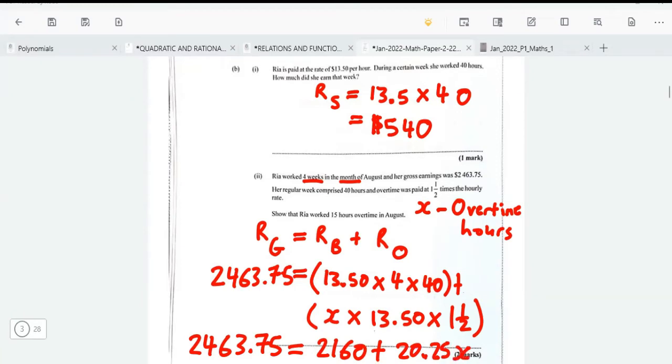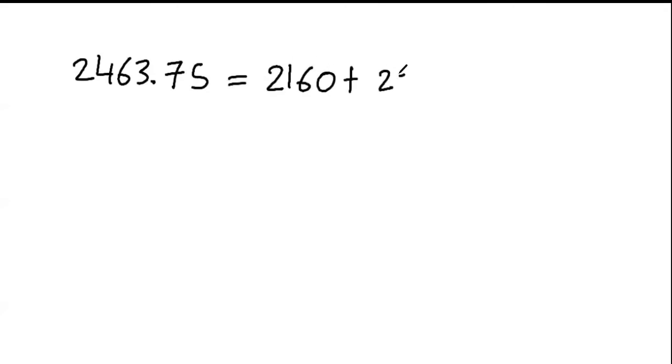So I'm just going to take us to the white screen for now, and I'm writing out the equation that we had. The equation that we had is 2463.75 equal to 2,160 plus 20.25x.